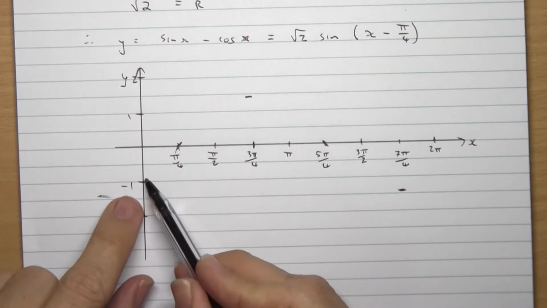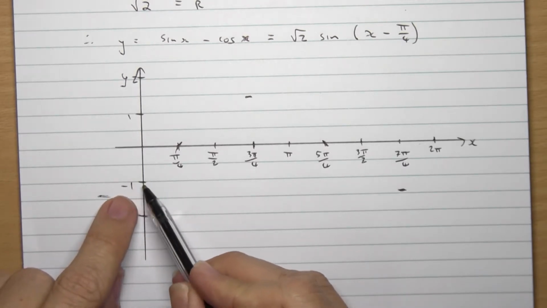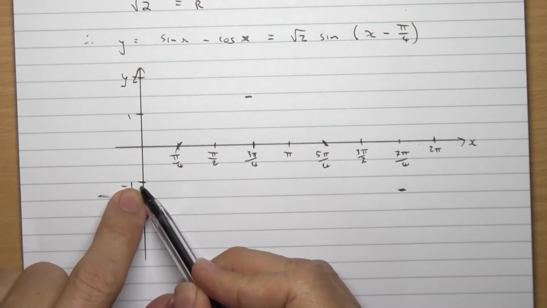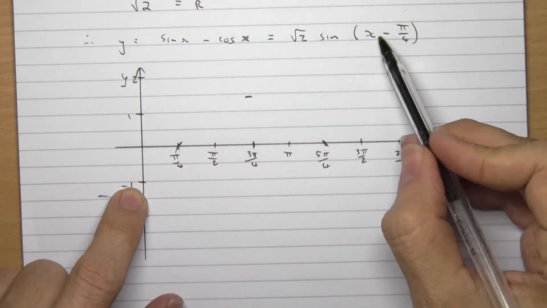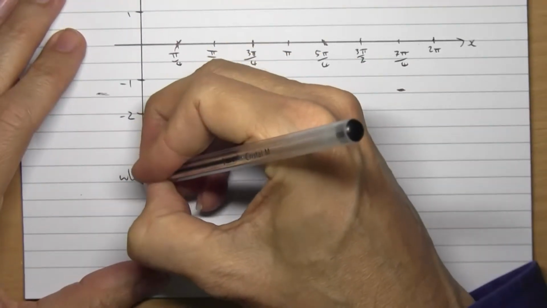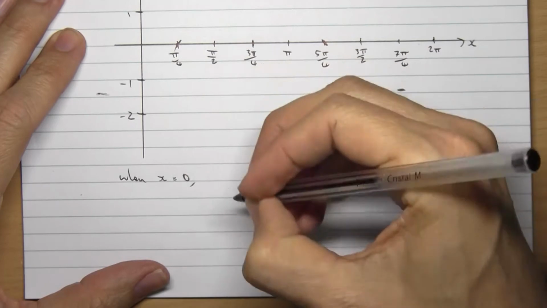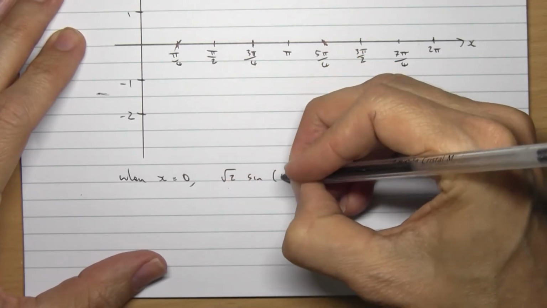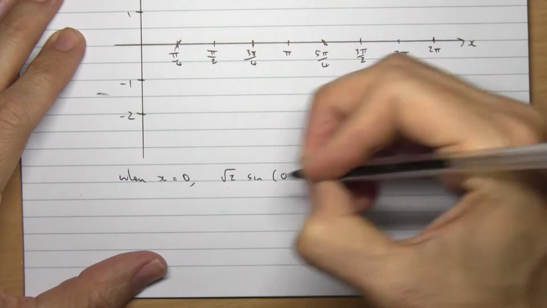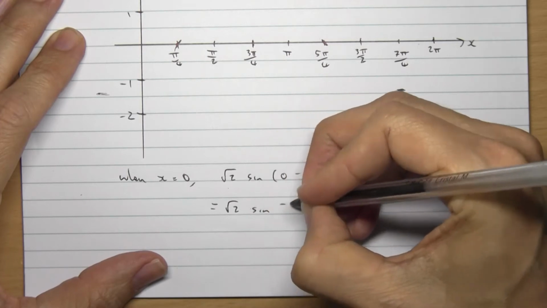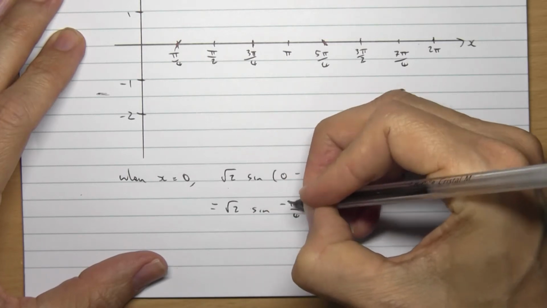Now, what is the coordinate here? Well, the coordinate here is when x equals 0. So, when x is 0, why don't we actually solve that carefully? When x equals 0, root 2 sine 0 minus pi on 4 is root 2 sine minus pi on 4.